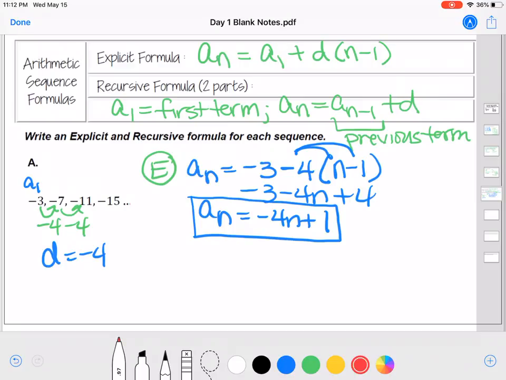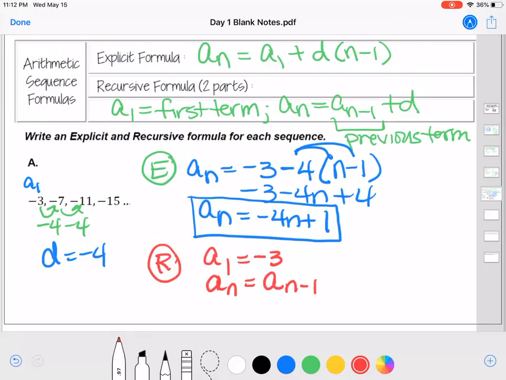The other one is the recursive. Recursive needs 2 parts. You need to tell the person the first term. So a sub 1, that's my first term. You've got to tell them it's -3. And then the second part, a sub n: to get any other term in the sequence, you take the term before a sub n, the previous term, that's denoted a sub n minus 1.